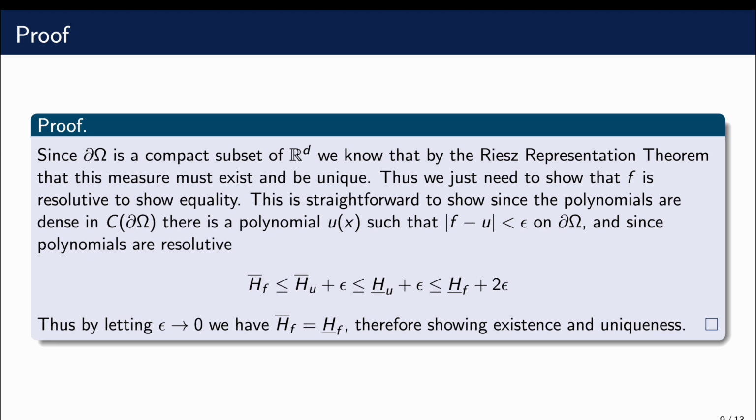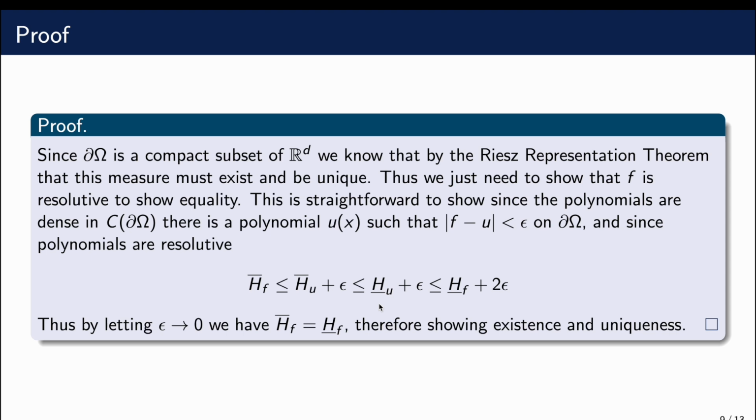The upper Perron class, because you have this polynomial that's arbitrarily close, is less than or equal to the upper Perron class of that polynomial plus epsilon, which, because it's resolutive, is equal to the lower Perron class.